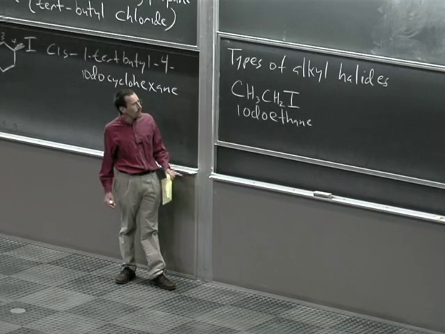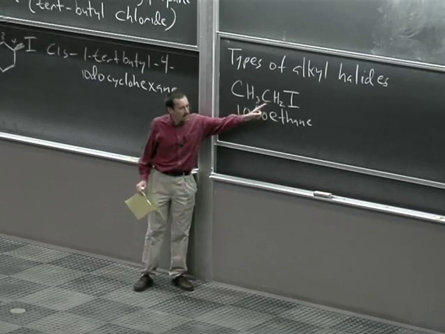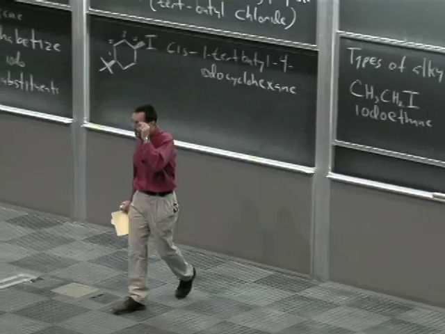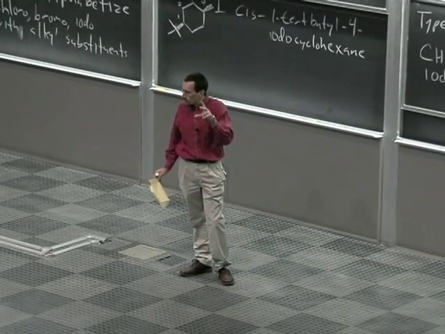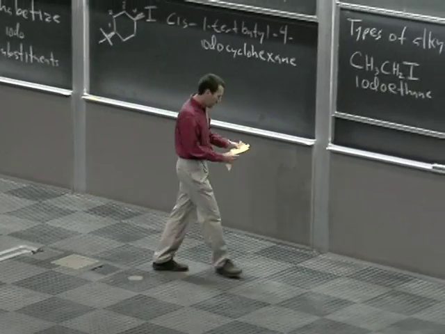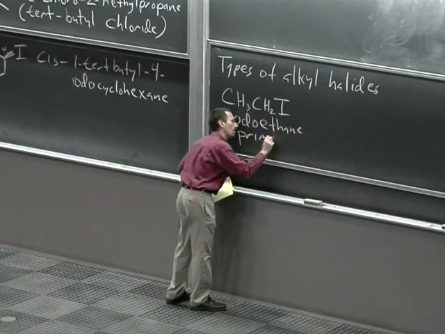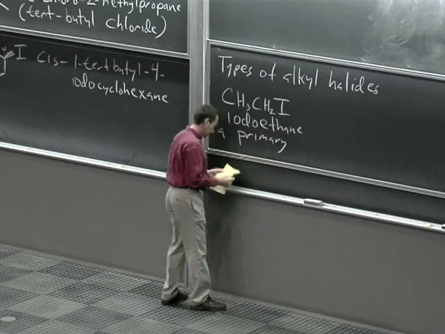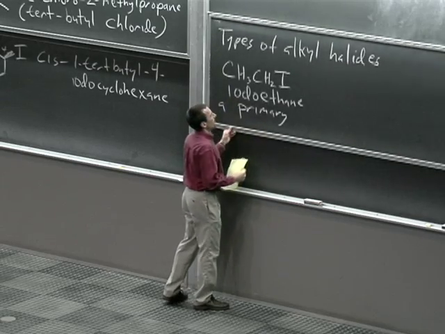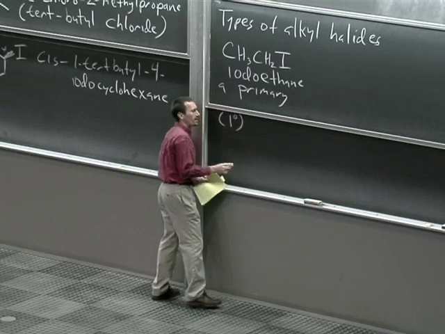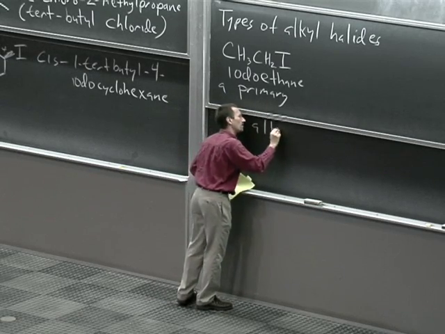But much more important, the iodine is attached to a primary carbon. Remember, a primary carbon is one with one other carbon attached to it. Primary, and we often abbreviate this 1° alkyl halide.